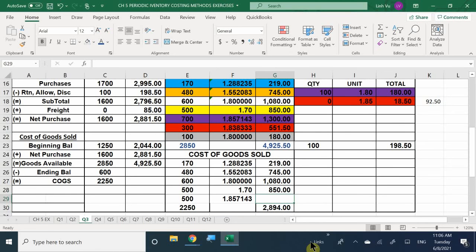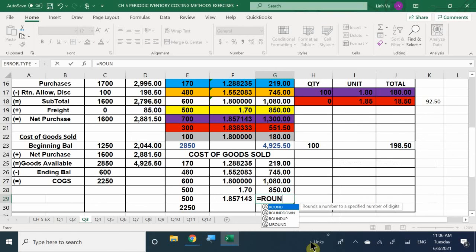Okay. So in this case, this is where I'm going to go ahead and punch in my formula, equal round, open parentheses, or tab if you want to use that. My first argument is going to be my equation, which is the 500 times the 1.857143, right? I'm going to close that argument with a comma, and then I want my number to round by 2 decimal places. Okay, and then I'm going to end my formula here.